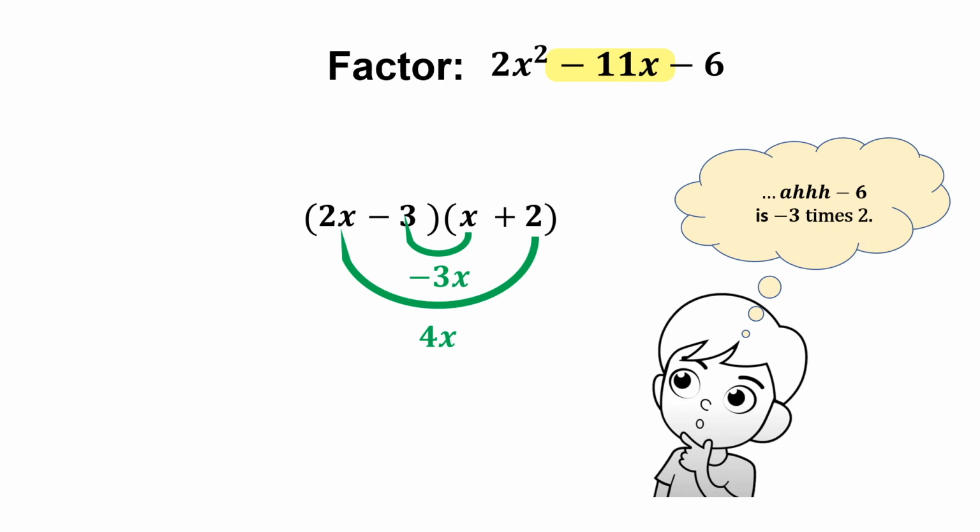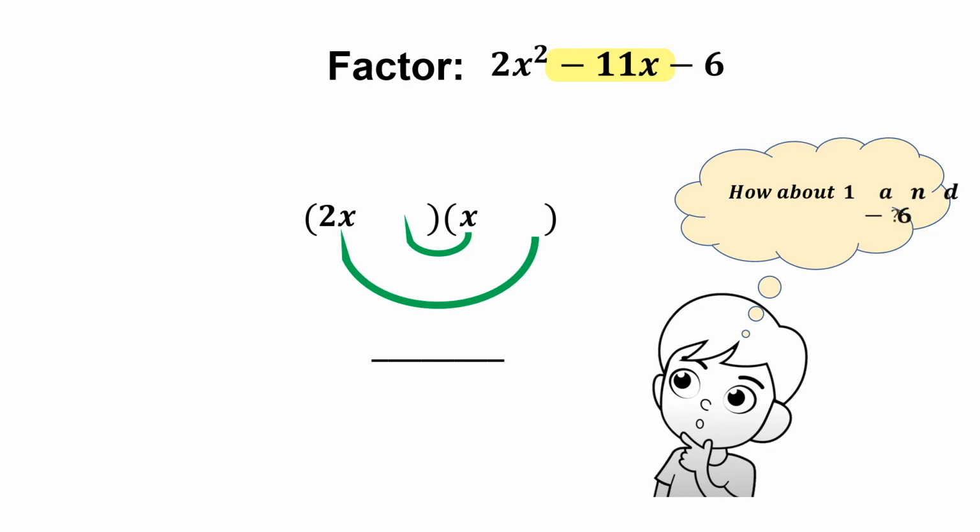The product of the inner terms negative 3 and x is negative 3x. And their sum is x. It's not negative 11x. This means we have to think of other pair factor for negative 6. How about 1 and negative 6?